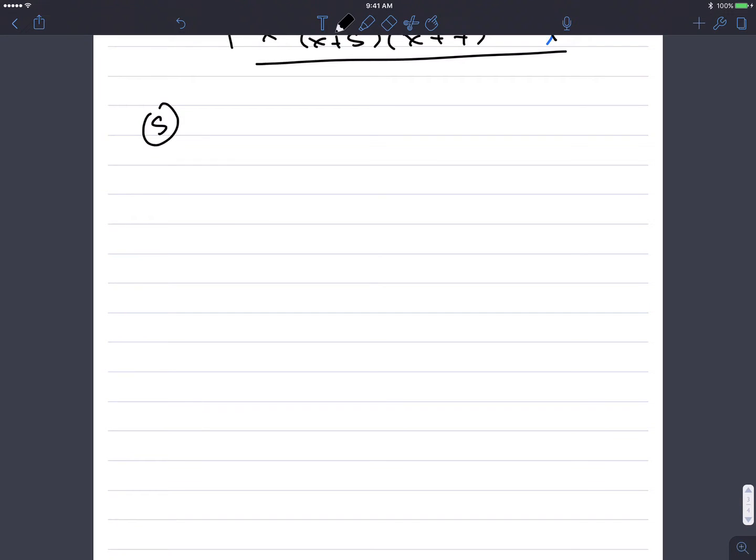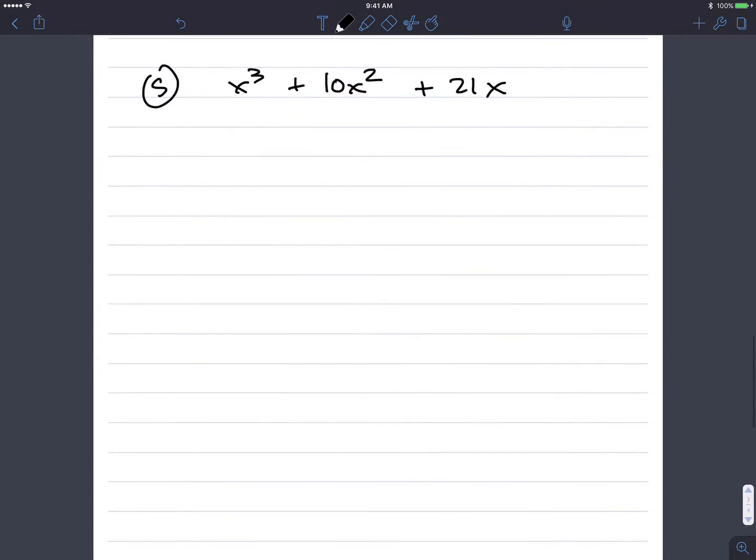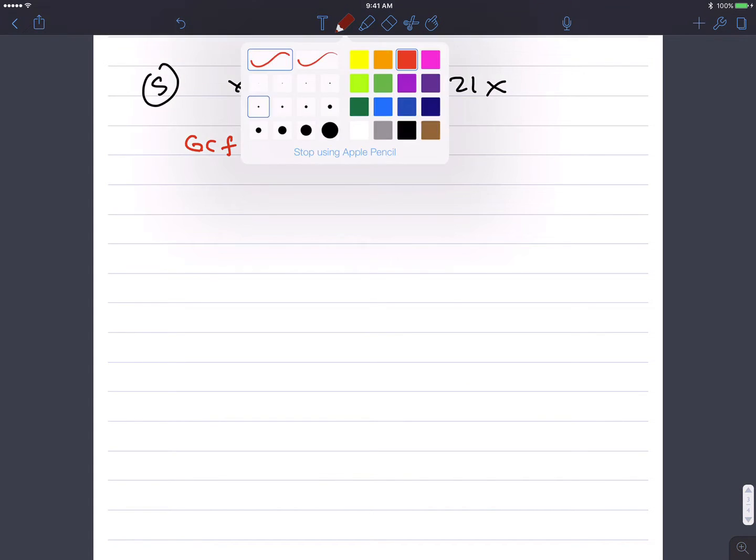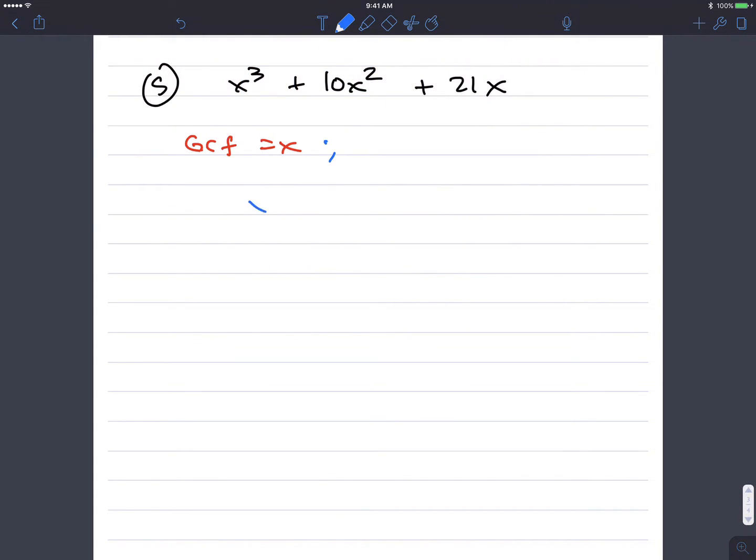Next example, number 5, we've got x cubed plus 10x squared plus 21x. What's your greatest common factor? The greatest common factor is x. So you have x cubed plus 10x squared plus 21x, everything over the GCF of x.